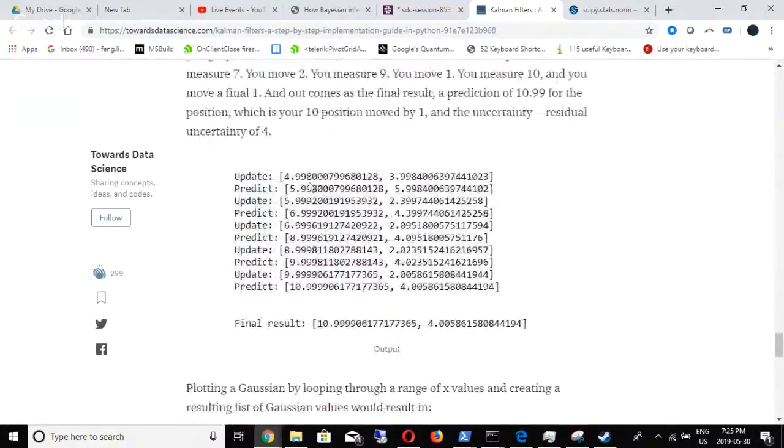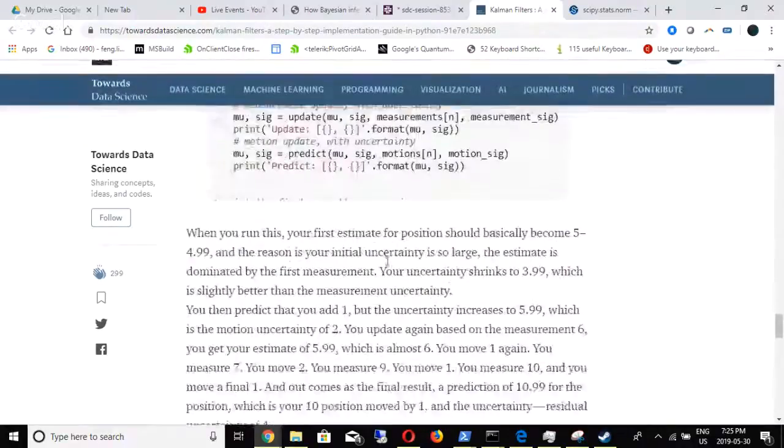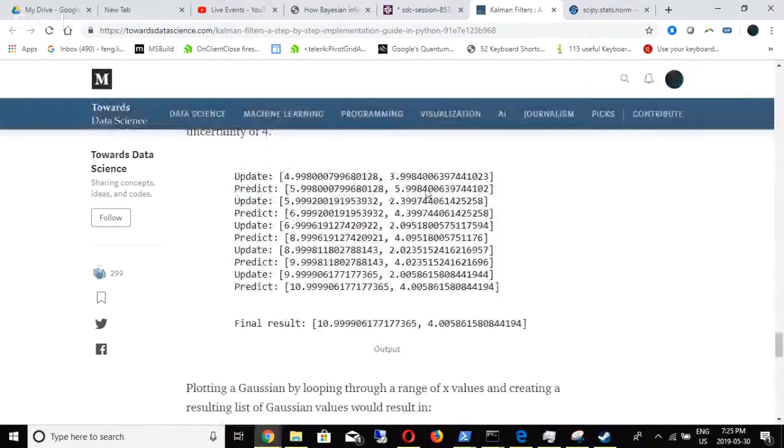The variance is very small; it's almost exactly 5. And then for the next measurement, you add in more uncertainty, of like 2, and then you do an update, right?